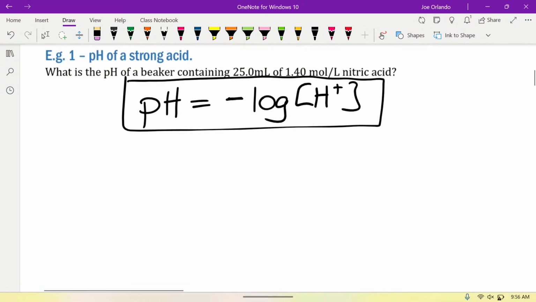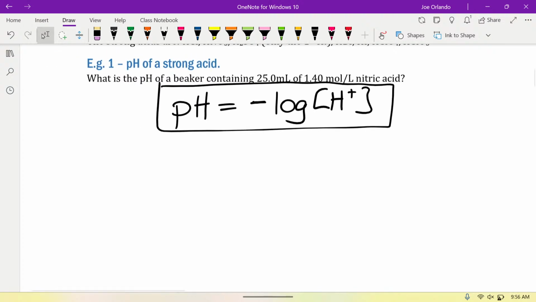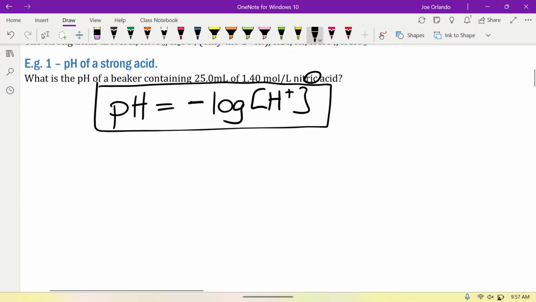So now let's do this for this particular acid. The nice thing about a strong acid, nitric, what would nitric acid be? Nitric. As soon as we see ic, we know what kind of acid this is? Is it a binary acid like HN with 3 N's?